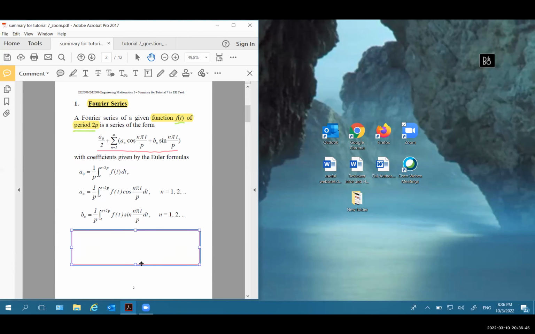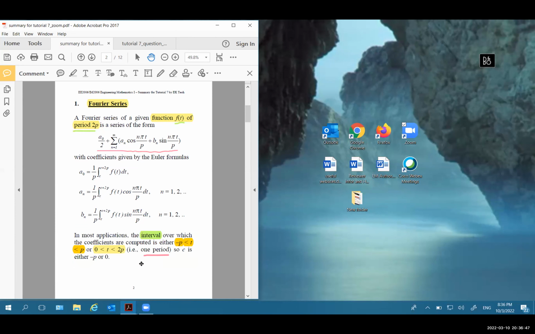Now, in our problems, this one period is mostly like this: minus p to p, or 0 to p, or 0 to 2p. So this is one period. In most cases, we integrate either minus p to p or 0 to 2p. As to which one we use, it's very clear from the question.